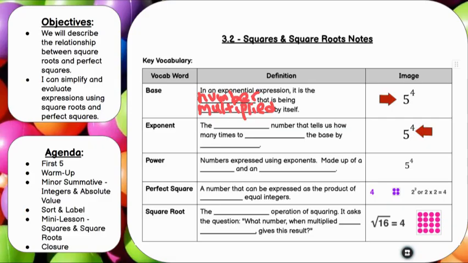That's telling us that that's the number that we're going to multiply by itself. The smaller number, which is that 4, is our exponent. So our exponent is the small number that tells us how many times to multiply the base by itself.